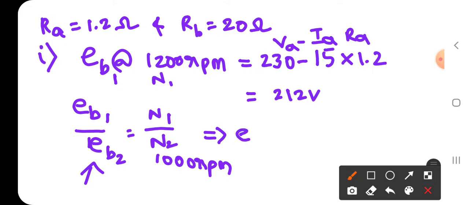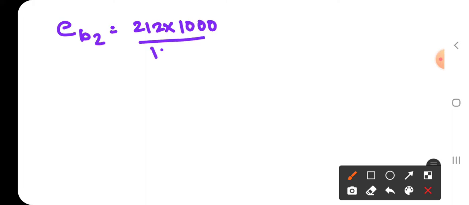So EB2 is equal to EB1 into N2 by N1, that is 212 volts into 1000 over 1200, which is approximately 176.67 volts.